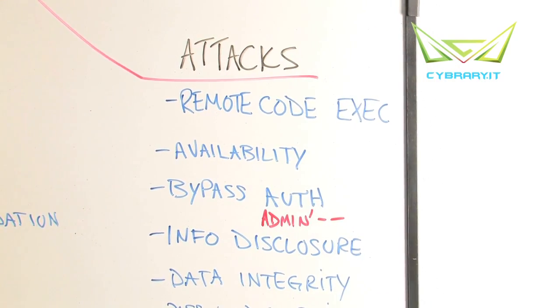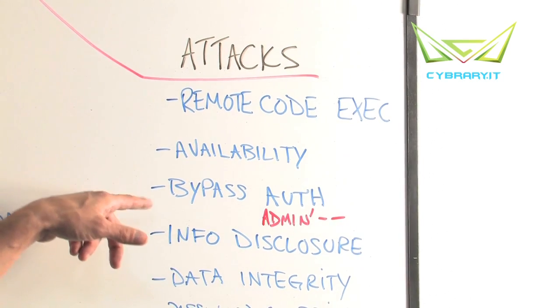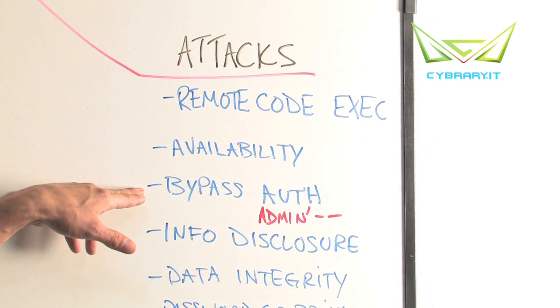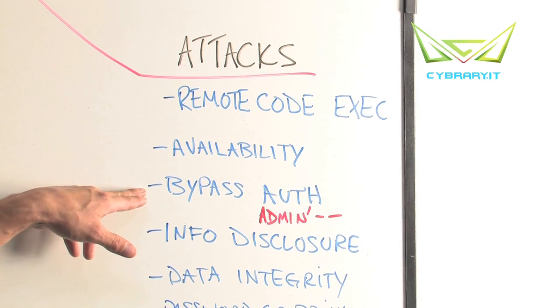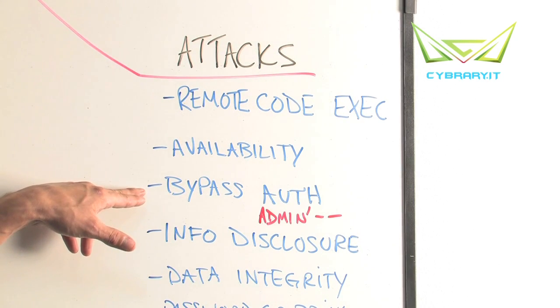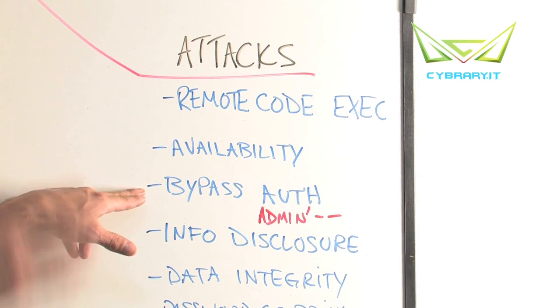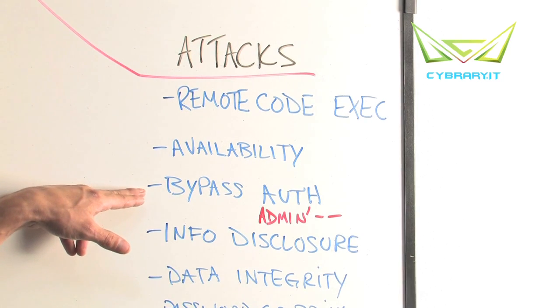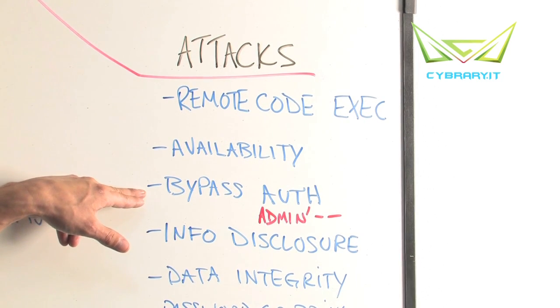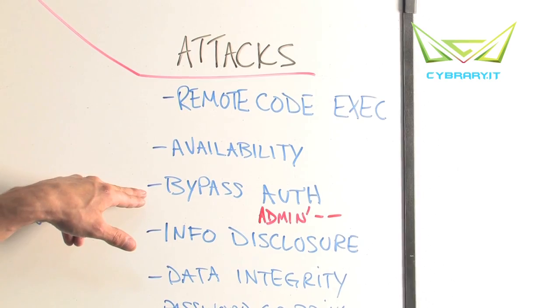Maybe just get directly in as admin. A little bit of a dated technique, but in the older days of SQL injection, it was just that simple. Just comment out the password field, and the server would just follow the programming logic. Okay, no password, fine with me.